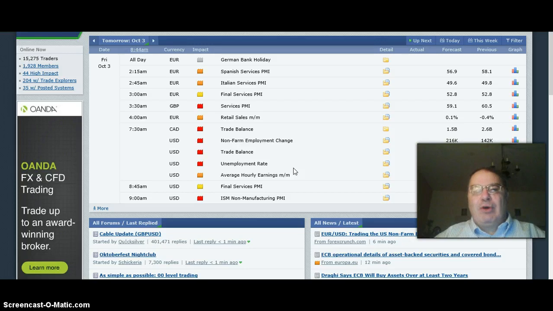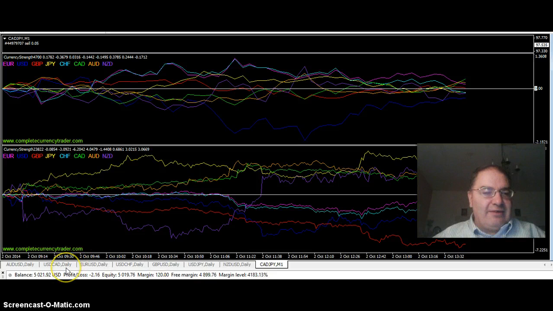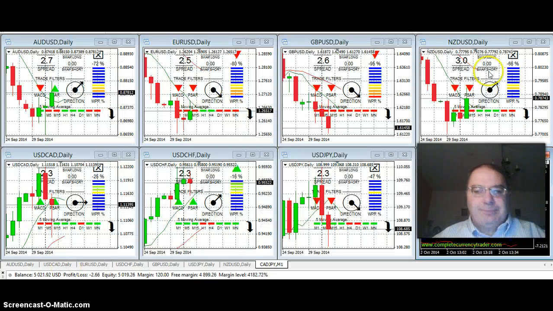So basically what might be going on now is just a pullback on some of the different currencies. If you look again overall at the strength of the different trends, the US dollar is still in the downtrend. It's still showing the premier strength.